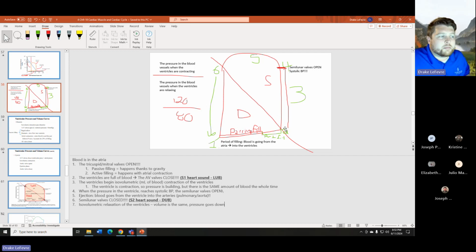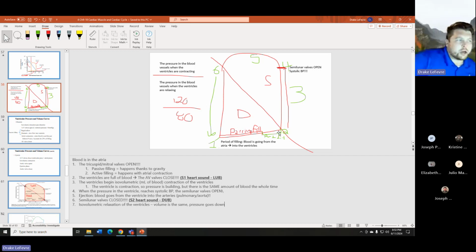Sometimes the issue is the blood is not going through the valve properly, either because the shape of the valve or something's wrong with the valve, or the blood is backflowing through the valve because the valve isn't closing properly.